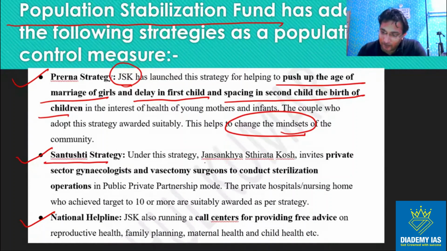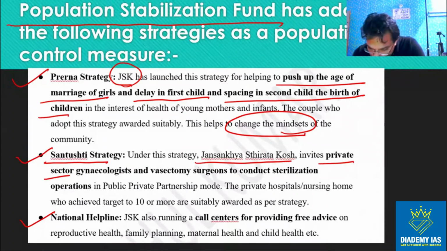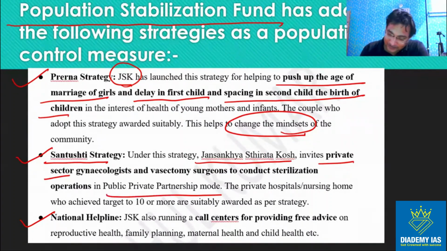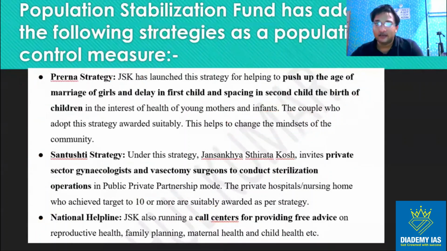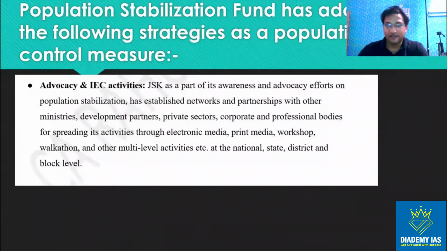Under this program, जनसंख्या स्थिरता कोष invites private sector gynos and other surgeons to conduct sterilization operations in the PPP mode. ठीक है, national helpline providing all the counseling through a free call center. Anyone can call and get the counseling under this activity.